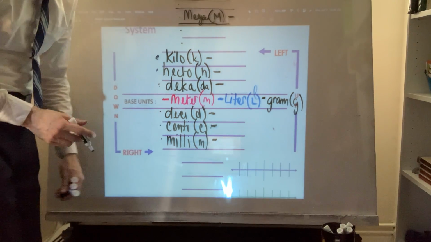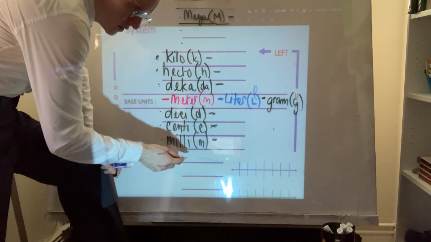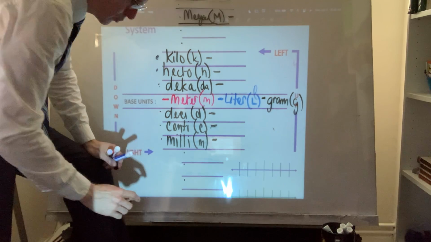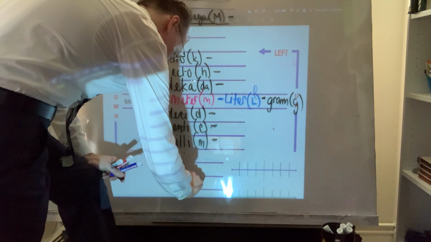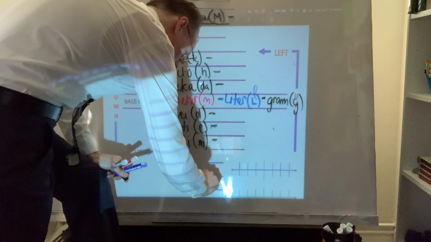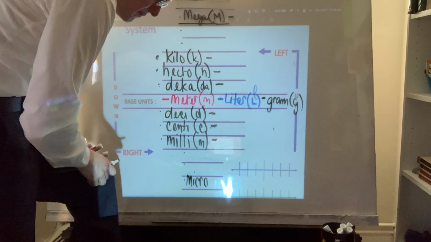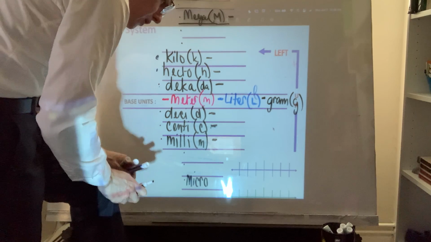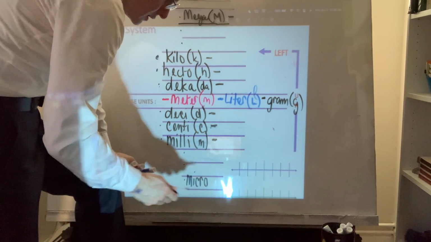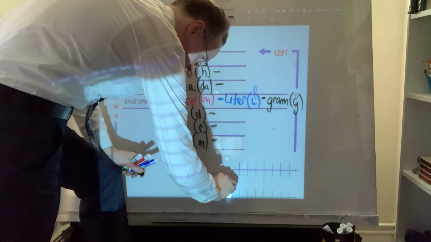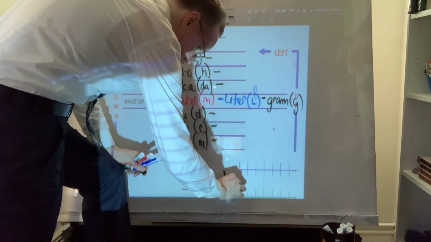On the down end here, below milli, 3 spaces is micro. And depending again on the author of the book, they might put MC for micro, or in any science book that I've ever seen, they use the Greek mu, sort of a stylized U symbol.